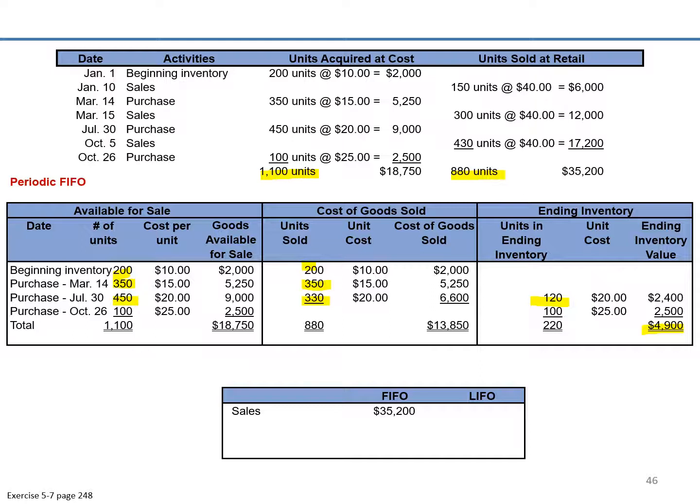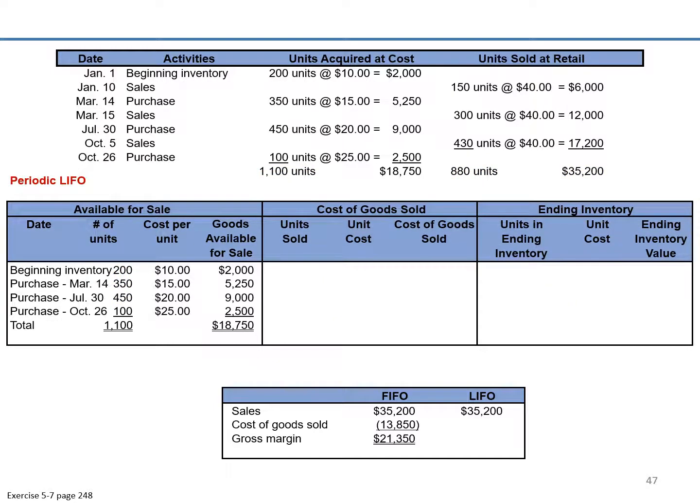So under the FIFO method, we have sales of $35,200. They give us that. We've got cost of goods sold of $13,850 for a gross margin of $21,350 under the FIFO method.